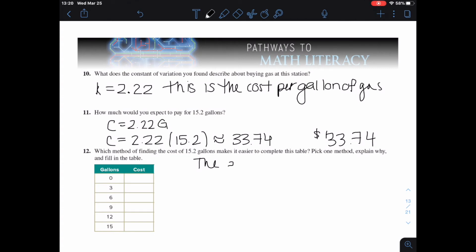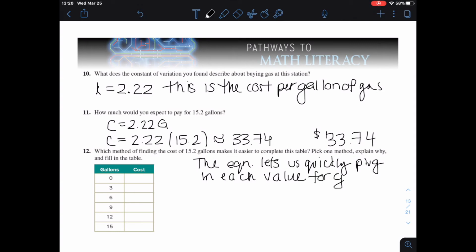The equation lets us quickly plug in each value. So that's the benefit of coming up with this equation.